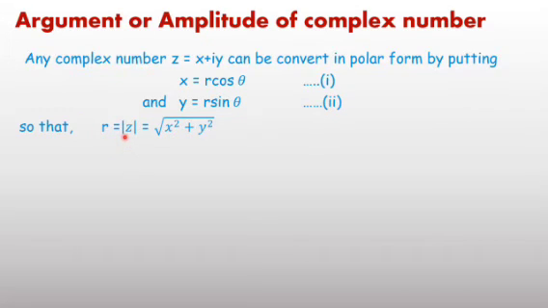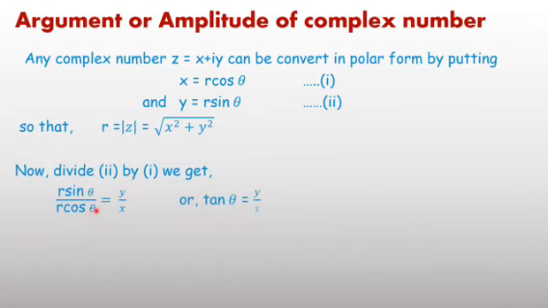So that r equals mod of z, which equals under root x square plus y square. Now divide the second by the first. You will get r sin theta upon r cos theta equal to y upon x. R cancels out here: tan theta equals y upon x.